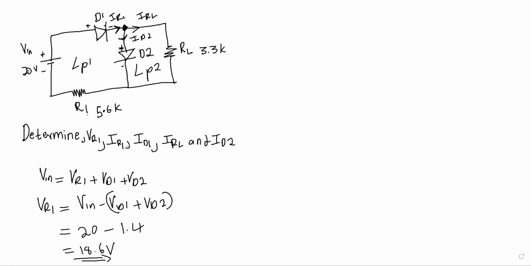Now let's calculate IR1. The current of R1 is the voltage of R1 divided by its resistance. So IR1 is equal to VR1 divided by R1, which is 18.6 divided by 5,600 ohms.